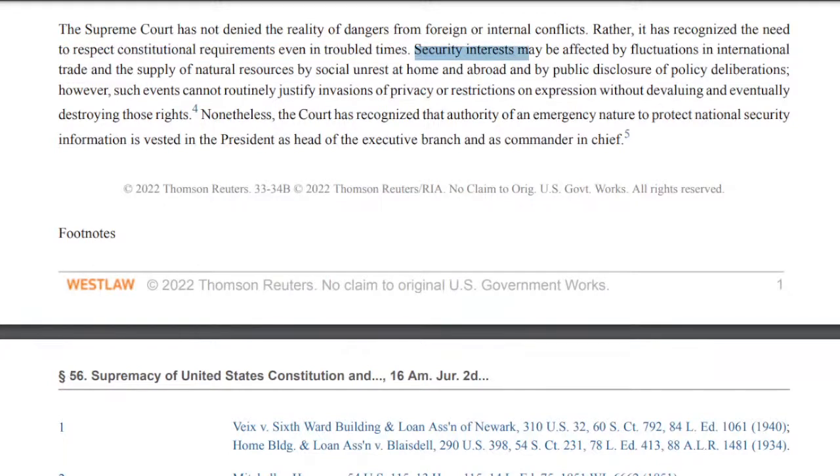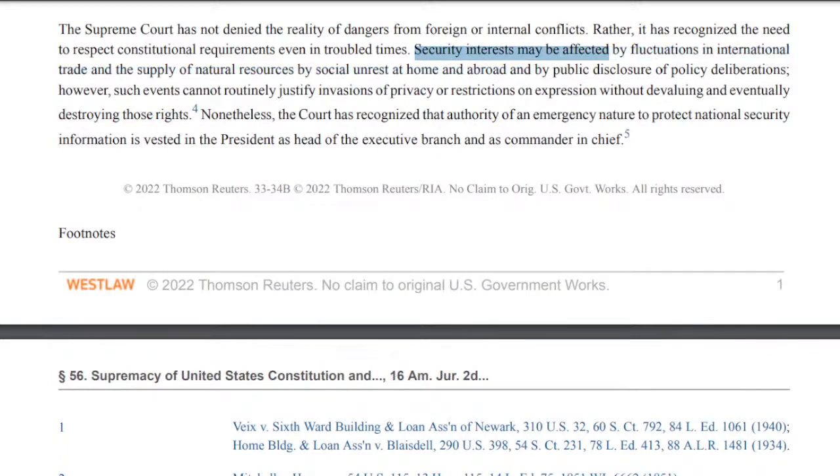Security interests may be affected by fluctuations in international trade and the supply of natural resources, by social unrest at home and abroad, by the public disclosure of policy deliberations. However, such events cannot routinely justify invasions of privacy or restrictions on expression without devaluing and eventually destroying those rights. Do you hear this argument?